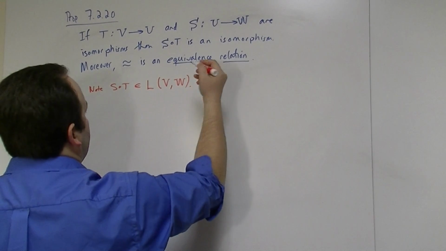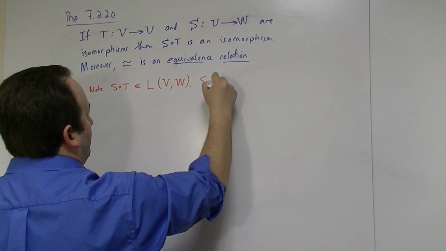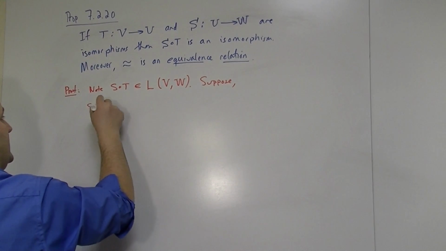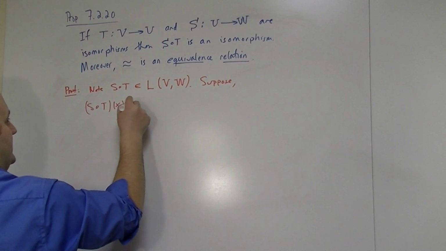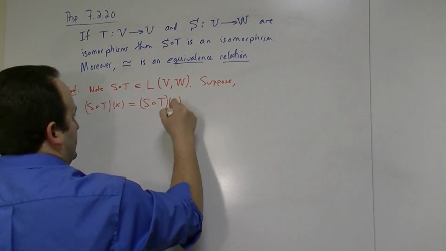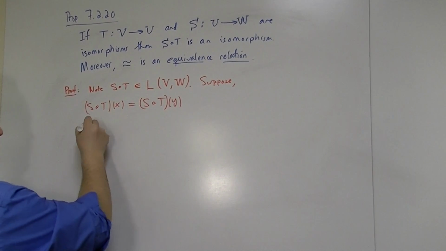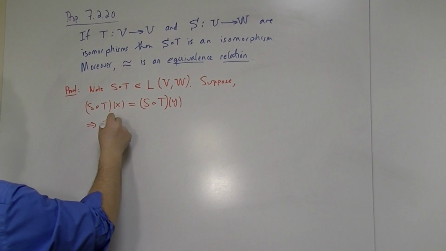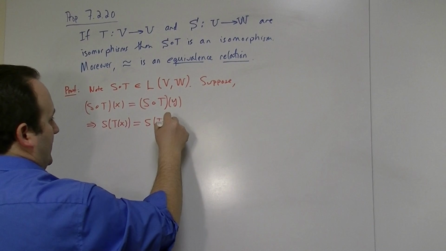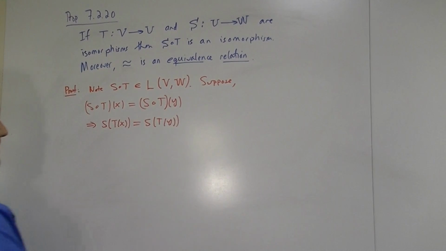Let's show it's injective. So suppose S composed with T of X is equal to S composed with T of Y. We were trying to show that X is equal to Y. So if that's true, that means that S of T of X is equal to S of T of Y, right?